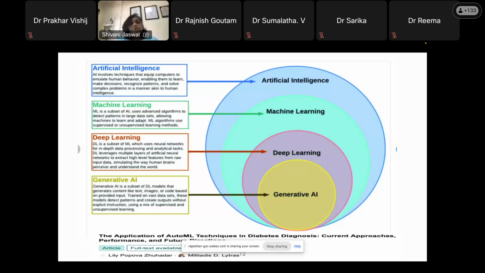Deep learning is further a subset of machine learning. This uses neural networks for in-depth data processing and analytical tests. So this deep learning is a further more complex way of artificial intelligence, and it works on neural networks. So neural networks are basically ways in which the computer tries to simulate how the humans are going to behave or how the human brain works.